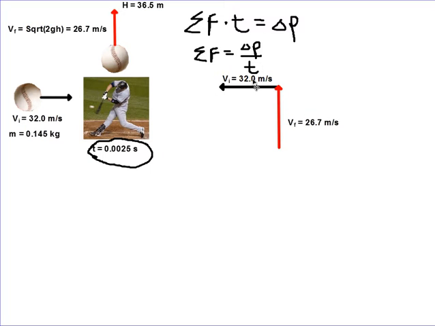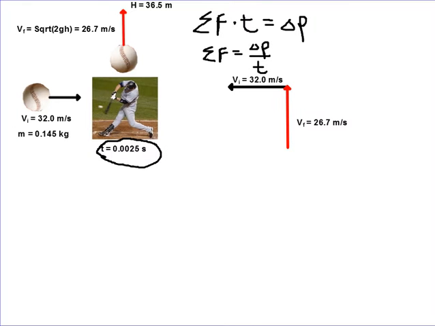So now we get v final minus v initial. This is the magnitude of the change in velocity, and it goes this way. That's the magnitude of delta v, and the direction of delta v as well.